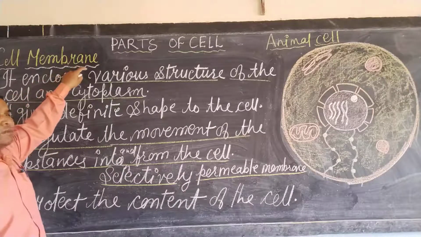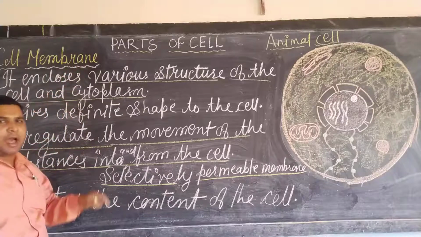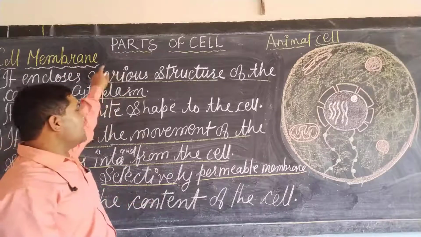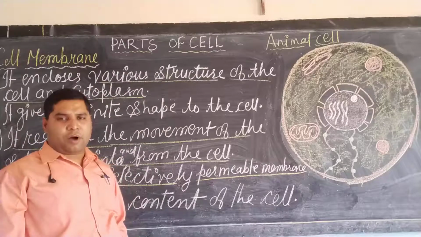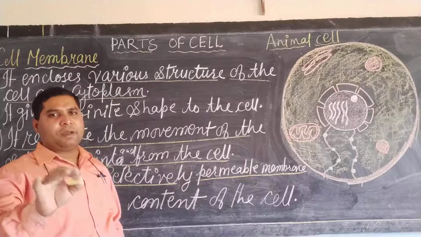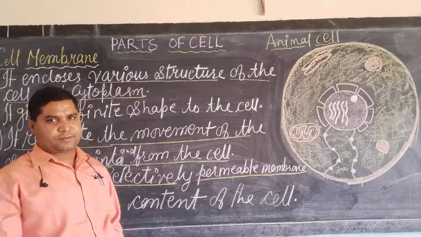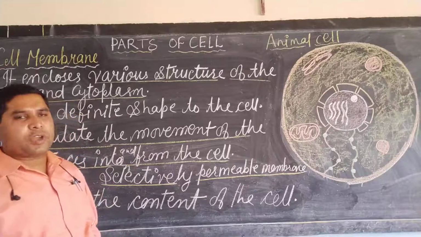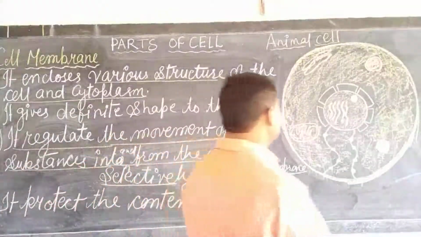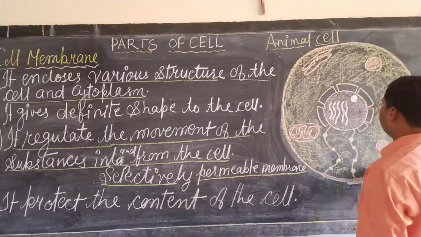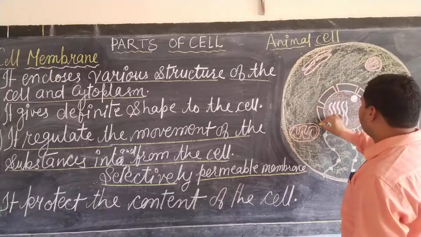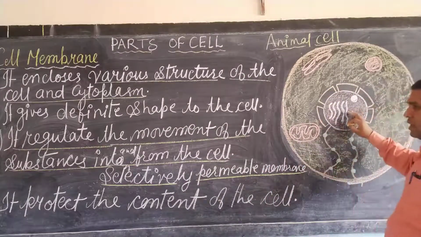The composition of the cell membrane, dear student, I have also explained to you previously. The cell membrane is made up of protein plus lipid, dear student. Next I am going to explain to you about the main cell organelle of the cell, the nucleus.